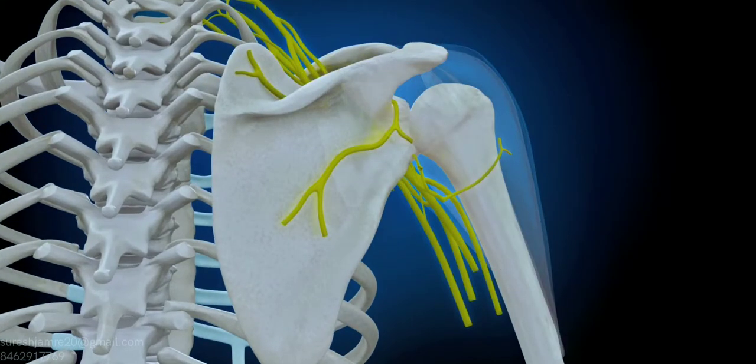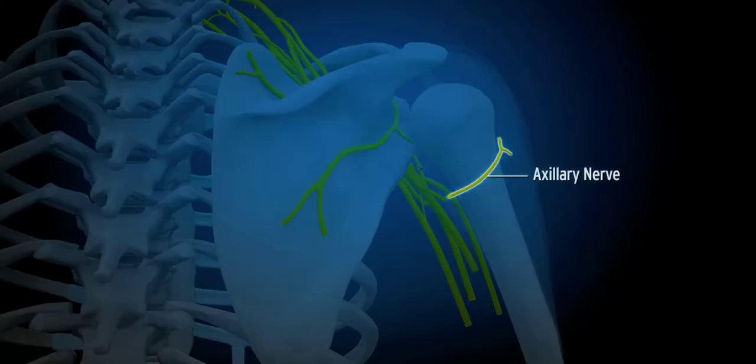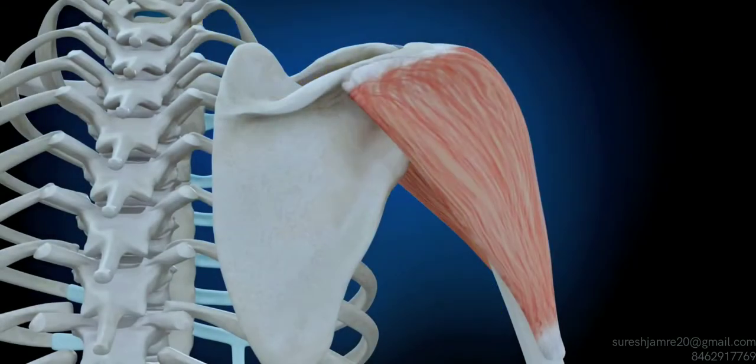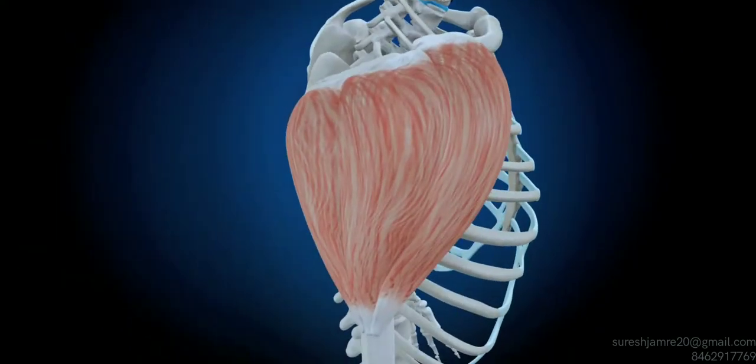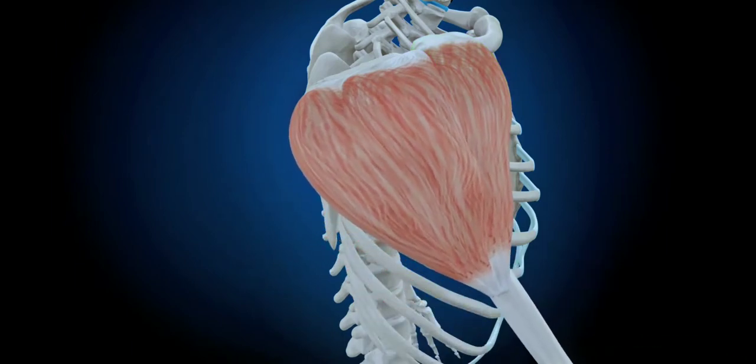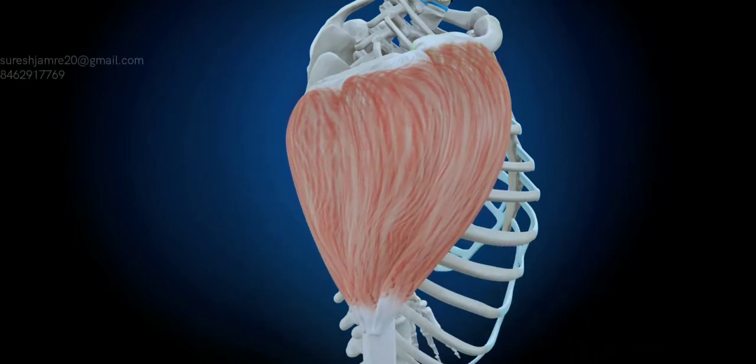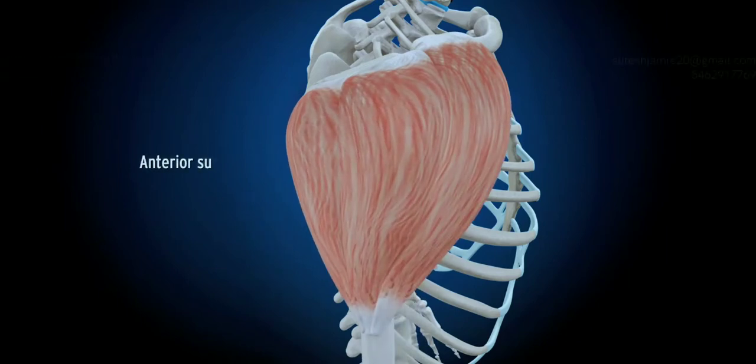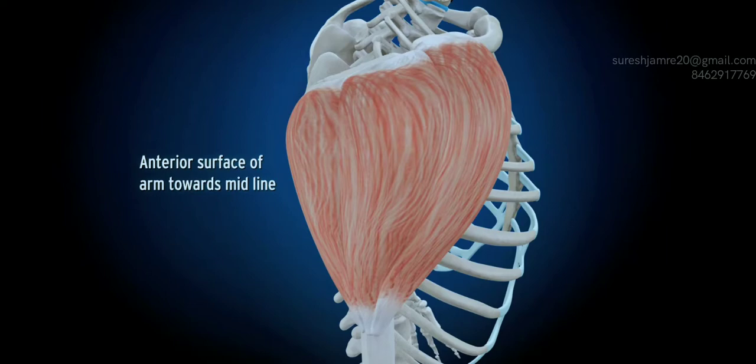Nerve supply. Deltoid muscle is supplied by the axillary nerve which has a root value of C5-C6. Actions. The anterior clavicular fibers flex the arm at the shoulder by moving the arm forward from anatomical position, and it also produces medial rotation of the arm by turning the anterior surface of arm towards midline.